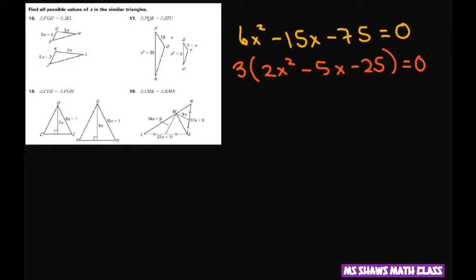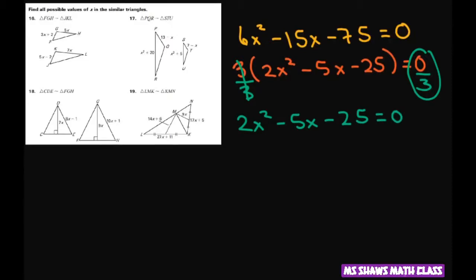If I divide both sides by 3, that eliminates the 3 because that's still going to be 0. So what we have finally is 2x squared minus 5x minus 25 equals 0. And we're going to factor this.